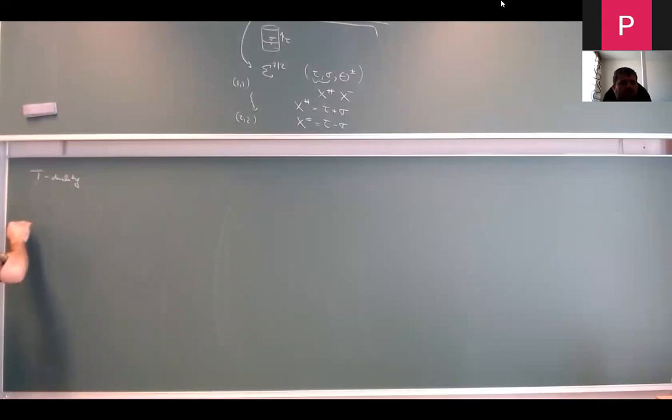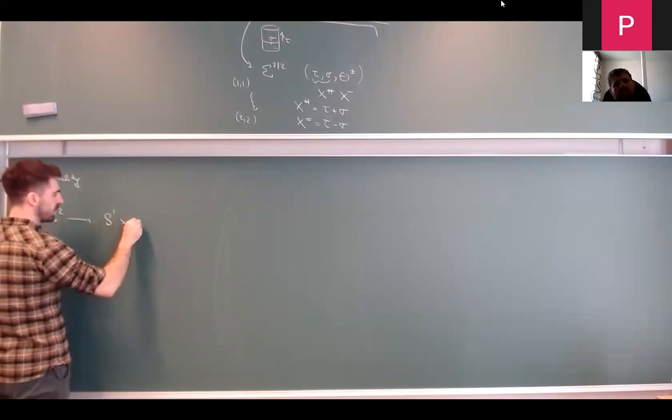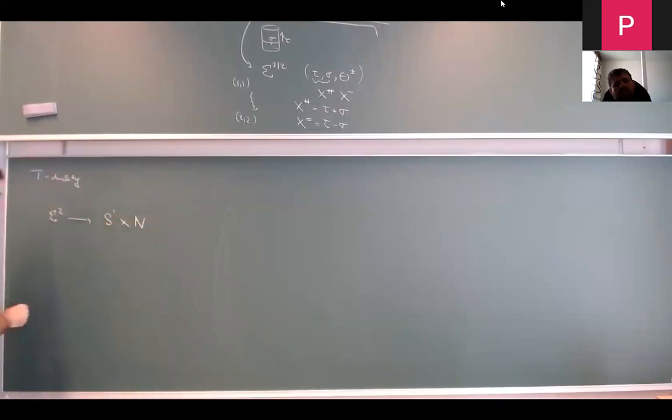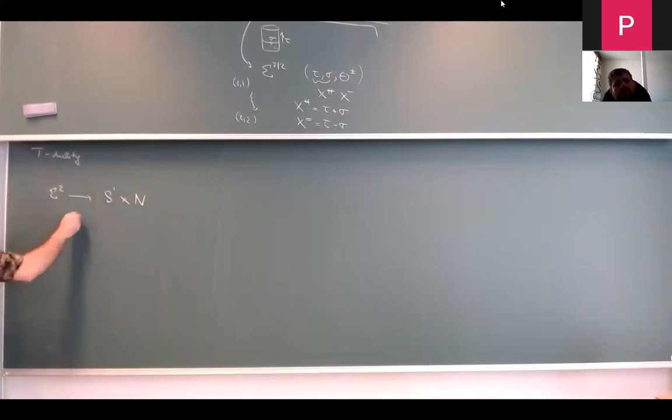In the simplest situation, we have a source with the target being some S1 times n, meaning that there's some distinguished circle in our target space manifold. There's a way to write a dual model under some restrictions, which I'll talk about in a bit.